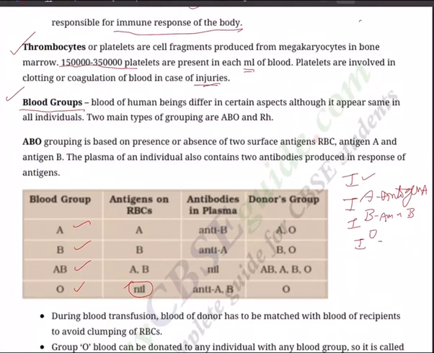And what would be the genotype of this? For blood group A, it has to be IA. This is one form, and if another form is I0, this is the genotype.